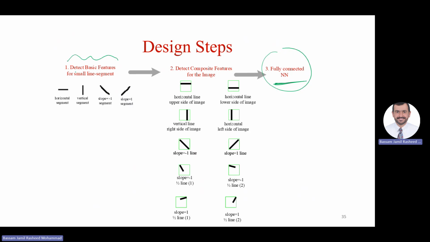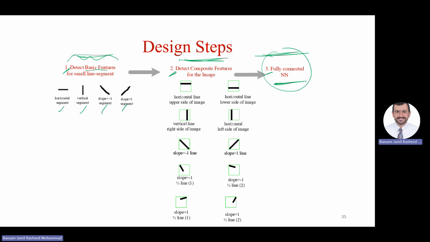Detect the basic features, then detect the composite features, and then a fully connected neural network. These are the steps of my design. Let's reiterate. First, I'm going to detect the basic, simple features: horizontal, vertical, negative slope, and positive slope lines. And then detect composite features.